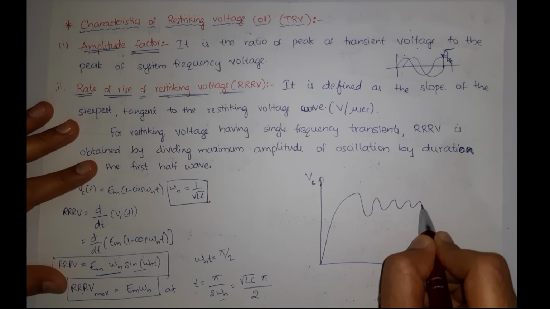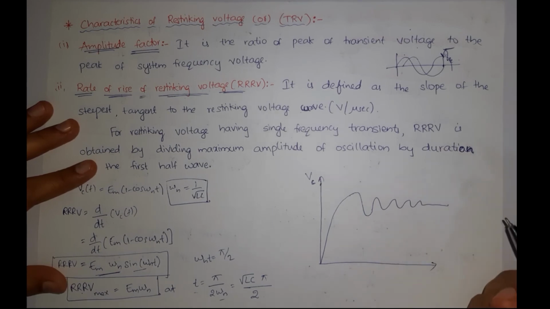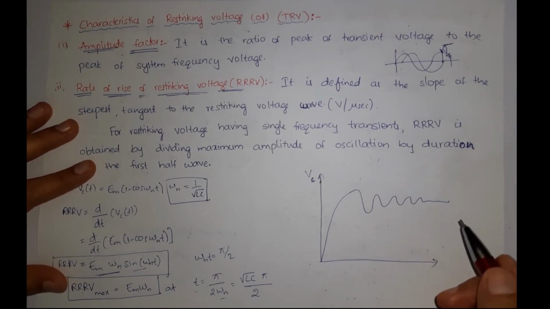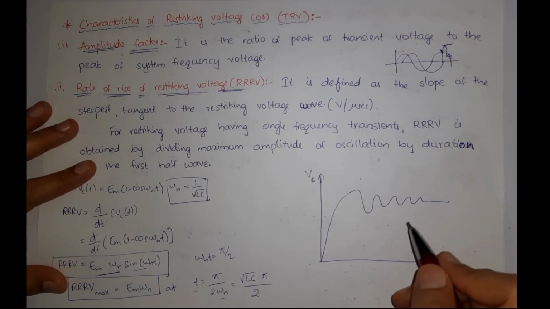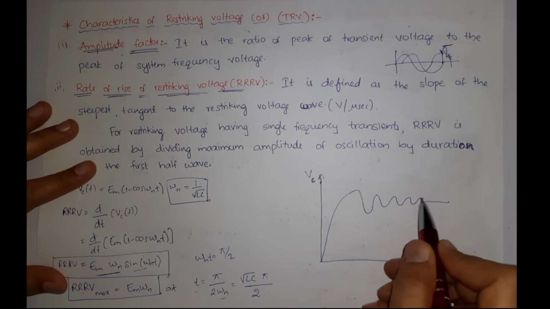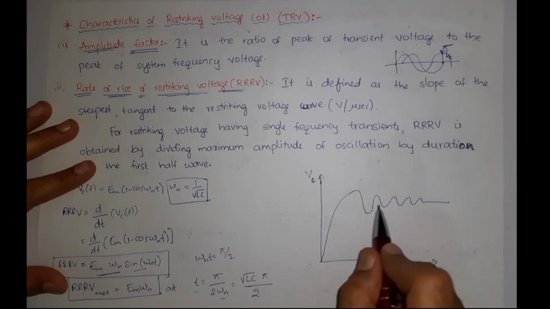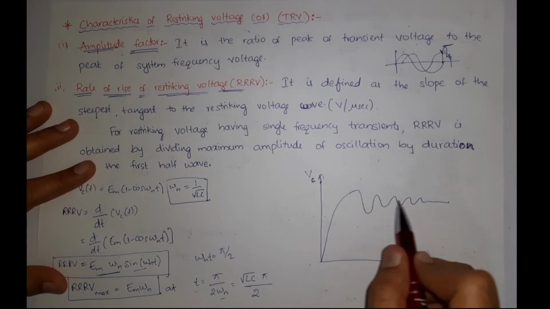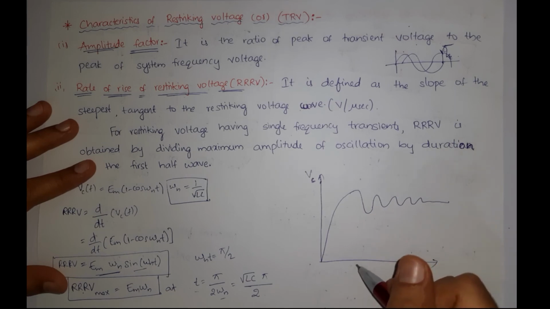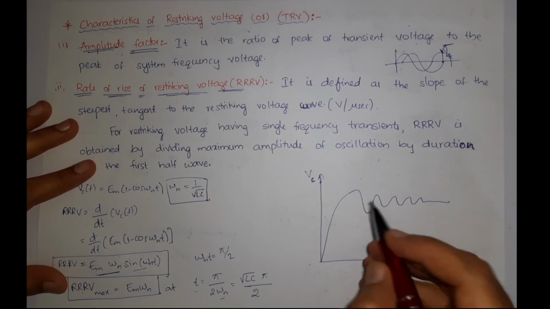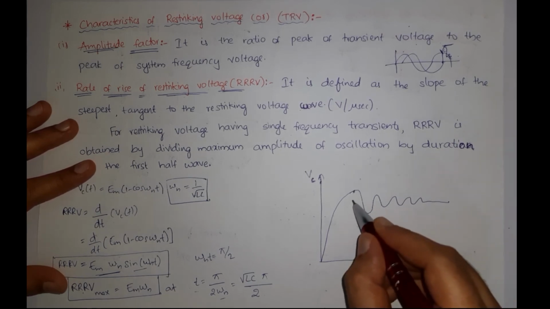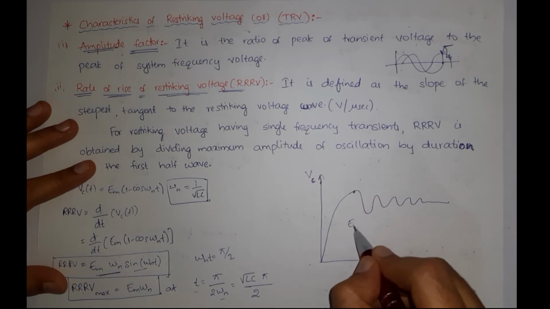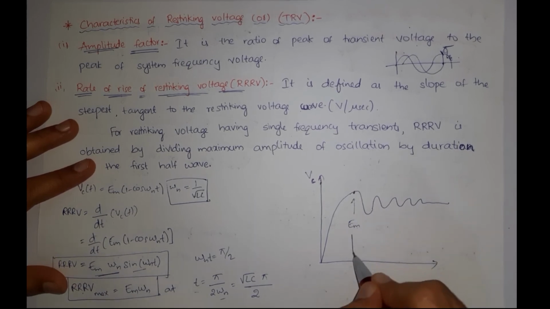These are gradually going to die out and be embedded with the supply frequency voltage, right? So let me assume the short circuit voltage, or the voltage across the contacts, is like this till the arc extinction.